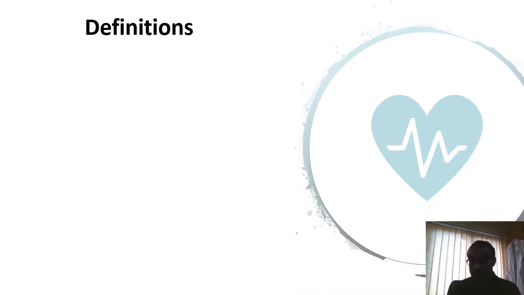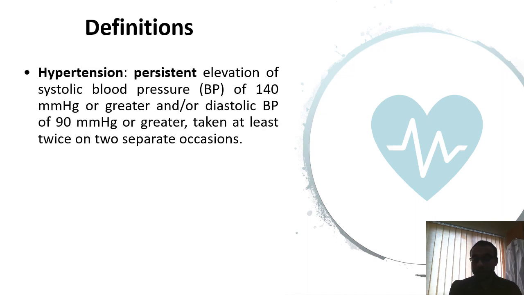In terms of definition, hypertension can be defined as a persistent, and that's very important, persistent elevation of either the systolic 140 millimeters of mercury or more, or diastolic 90 or more, taken at least twice on two separate occasions.